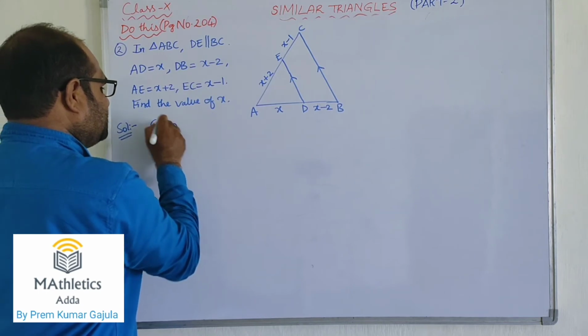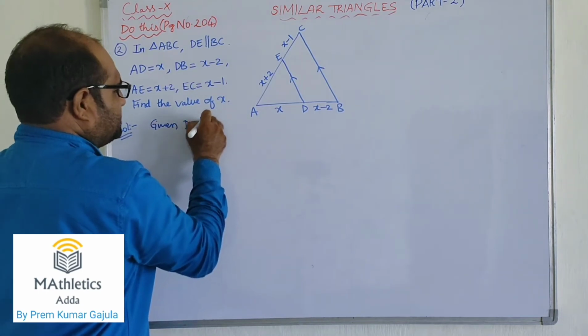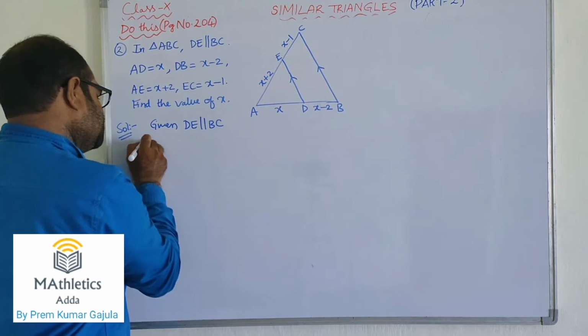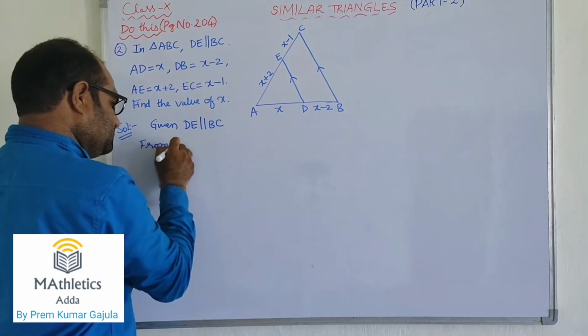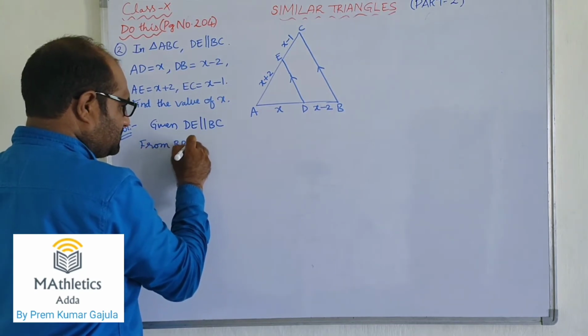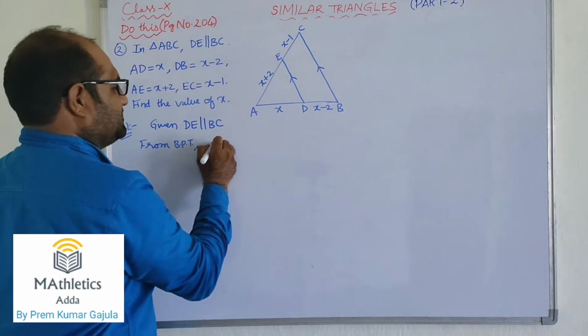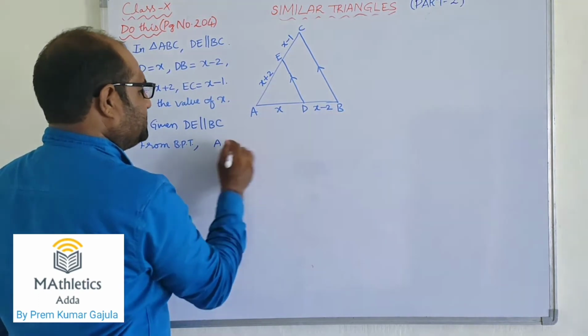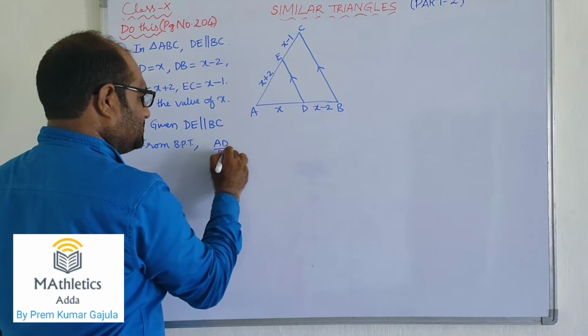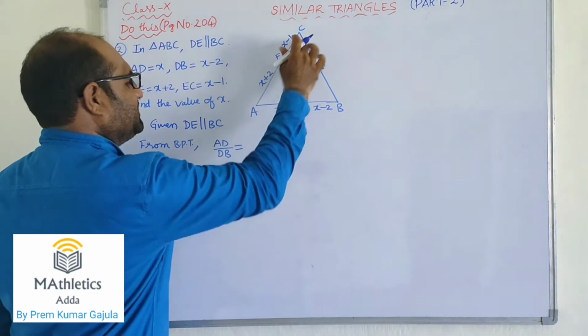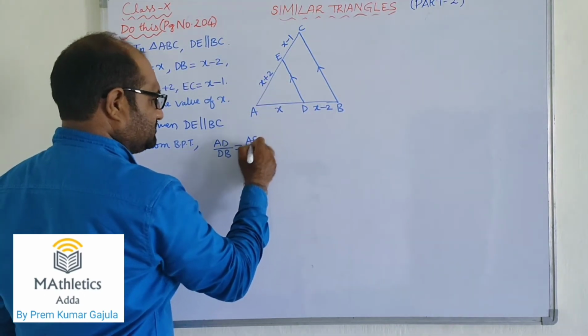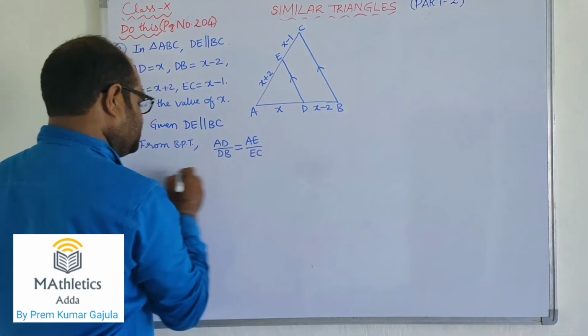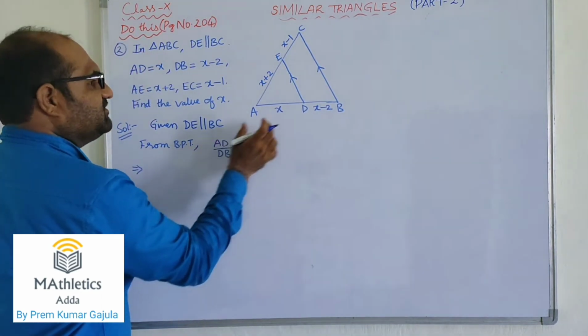So what is given? Given that DE is parallel to BC. So from BPT we can say that AD by DB is equal to AE by EC. That is AD value is given as x.